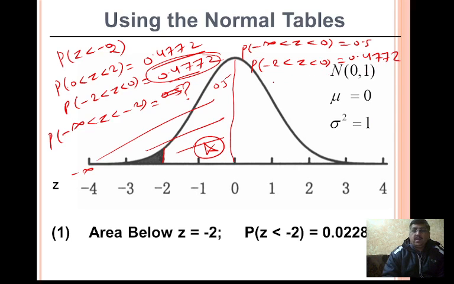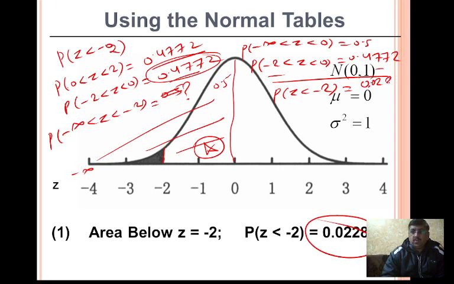Can we subtract these two and get the answer? The answer for the probability of z less than -2 is 0.0228. That will be the answer.